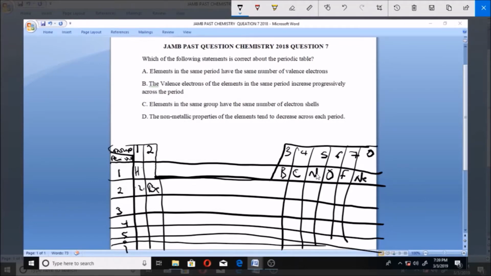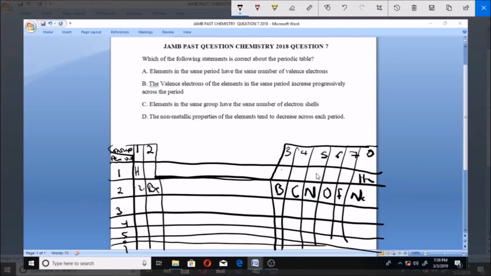Sorry, this is actually supposed to be in period 2. So we're supposed to have boron, carbon, nitrogen, oxygen, fluorine, and neon. But we're supposed to also have helium here.